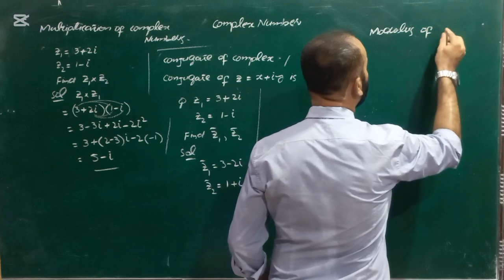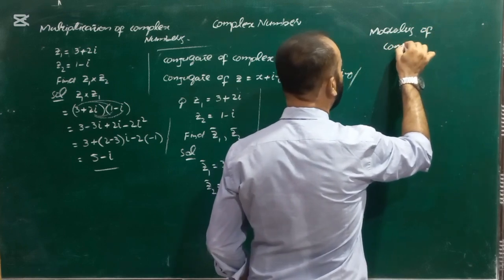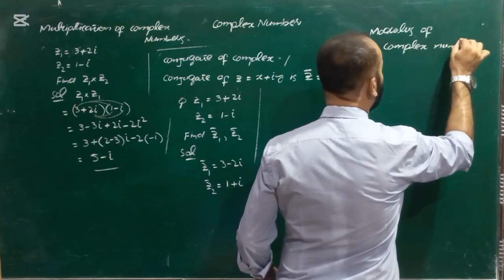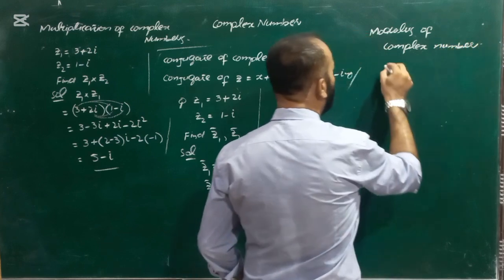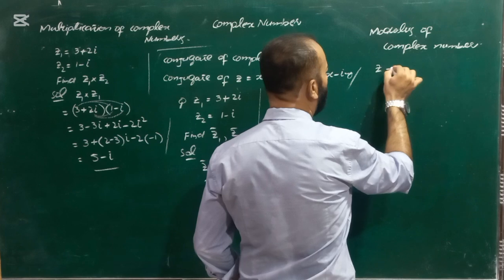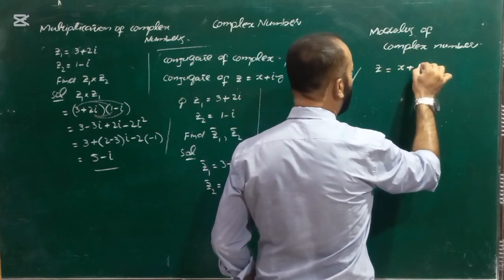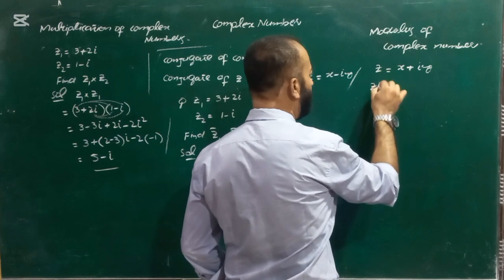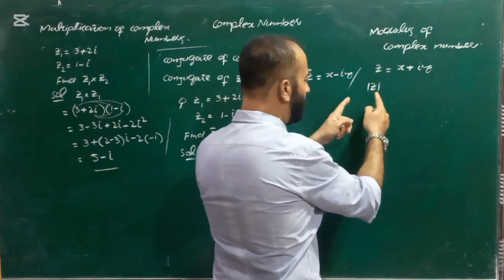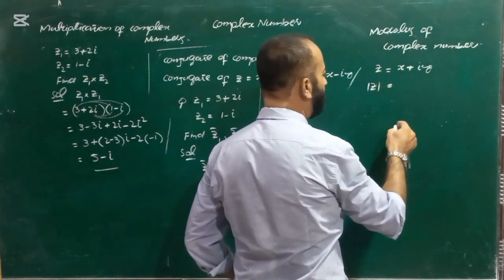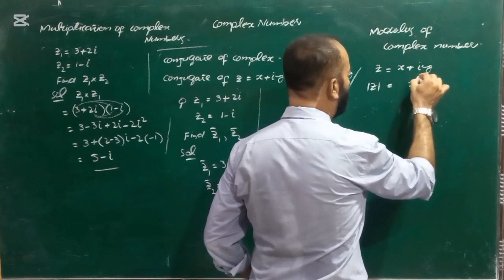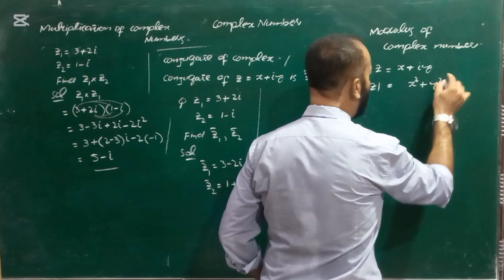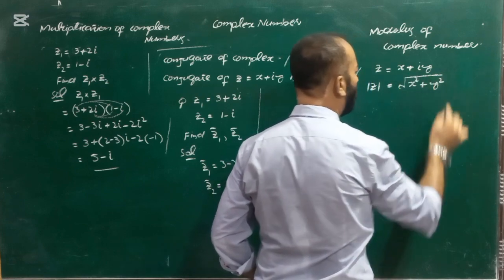Suppose our complex number is given as x plus iota y, then the modulus of the complex number z will be represented by putting bars around it, and that will be equal to the square root of the sum of the squares of the real and imaginary parts.